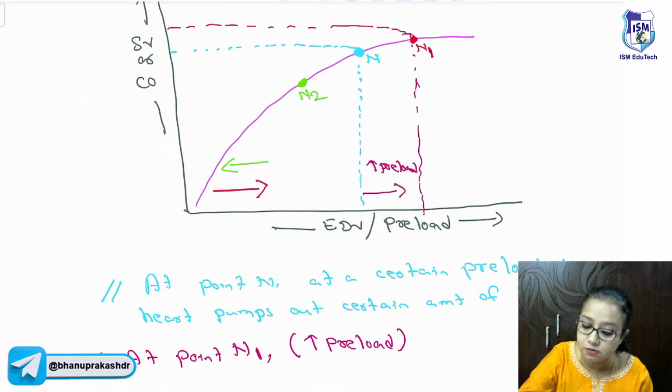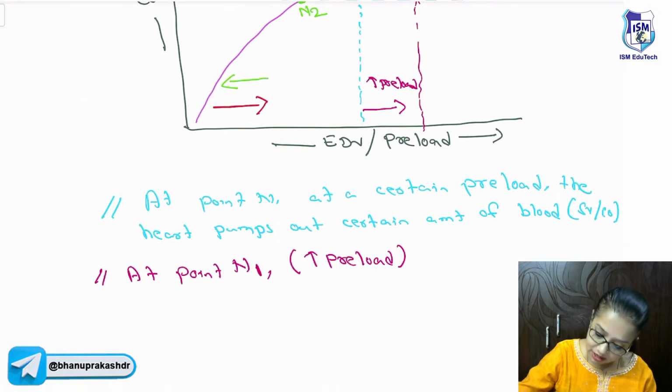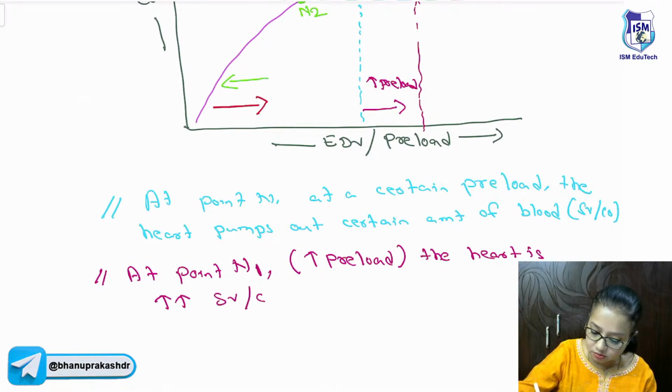This is following the Frank-Starling law. Okay, next case. At point N1, when the preload is increased, the heart is increasing stroke volume and cardiac output.